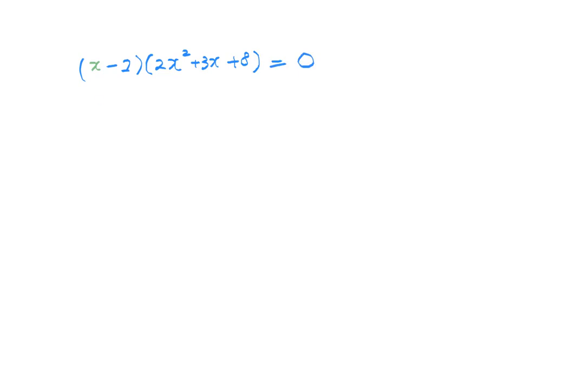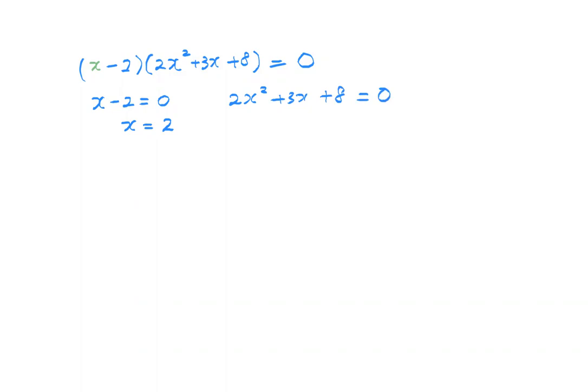So now I have x minus 2 equal to 0, so x will be equal to 2. Then 2x squared plus 3x plus 8 equal to 0.